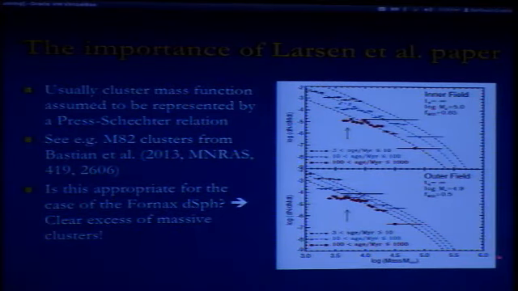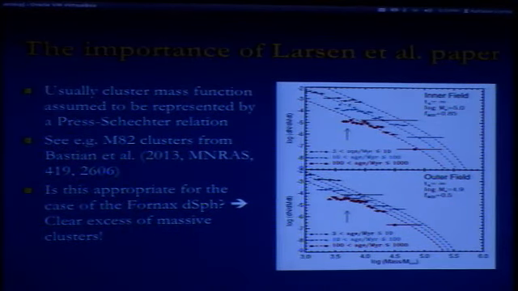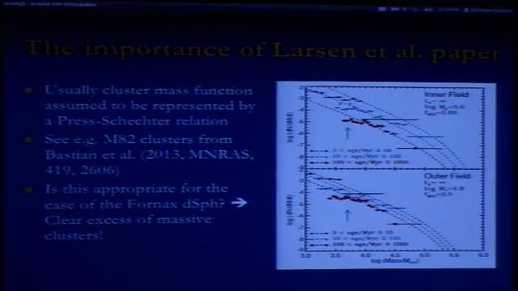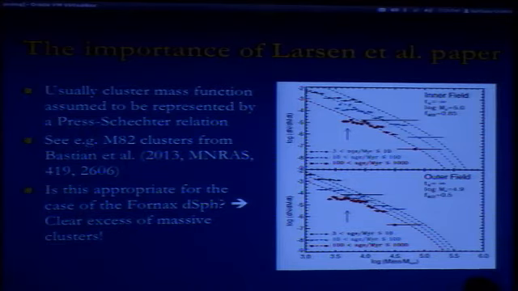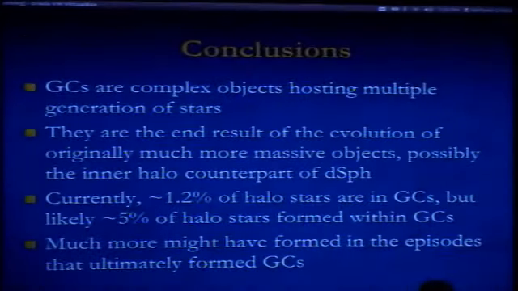But if you look at these clusters in the Fornax dwarf spheroidal, where the destruction mechanisms are much less efficient than in our galaxy, so you should be able to preserve the clusters much better than in our galaxy, you have only massive clusters. There are no small clusters, there are only the massive ones. So why does this happen? This shows that there is still much to be understood about the evolution of globular clusters.